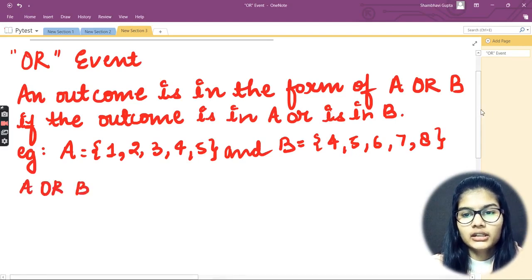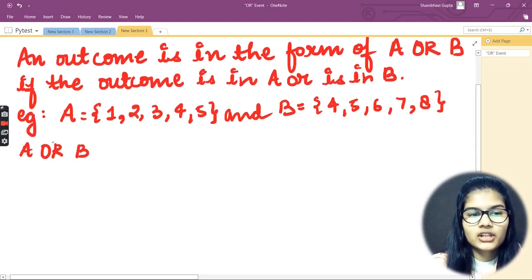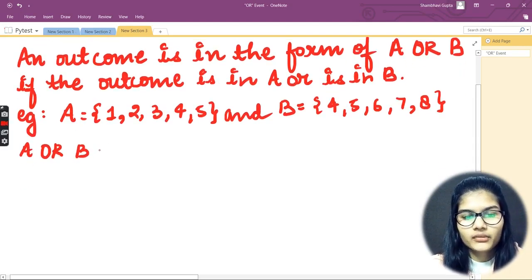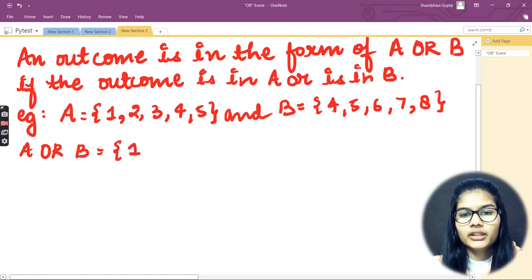Now if I have to write A or B, first of all listen to me very clearly, this is the notation for how you write A or B. If you have to write A or B, whatever numbers you have in A and B, you will mention all of those. And if a number occurs both in A and in B, you'll write that number only once.